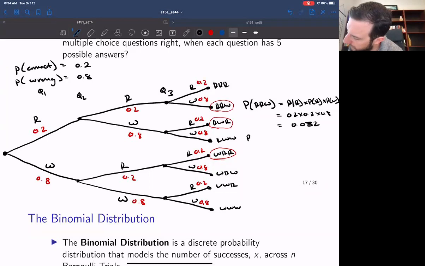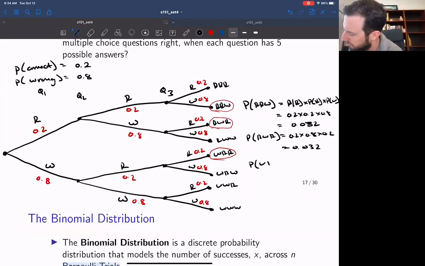And then we can see for the next event, this is going to be 0.2 times 0.8 times 0.2, which is the same thing. And then this is going to be 0.8 times 0.2 times 0.2, which is the same thing.